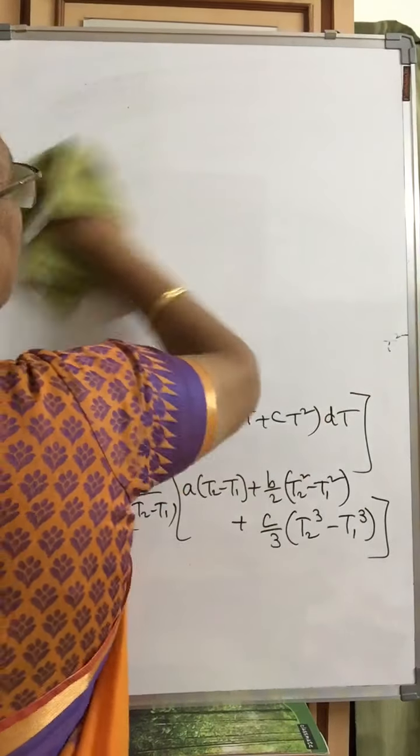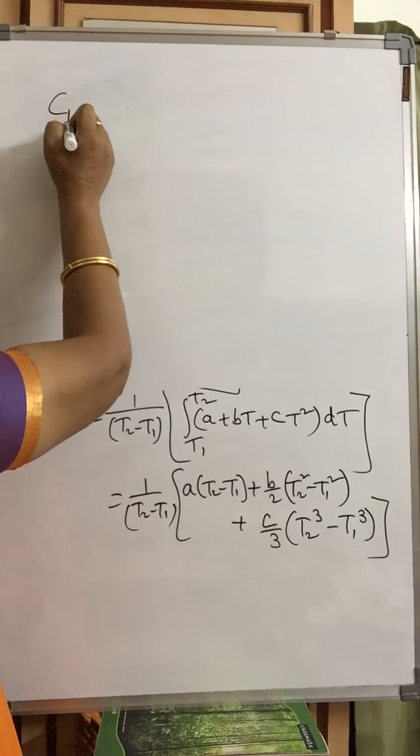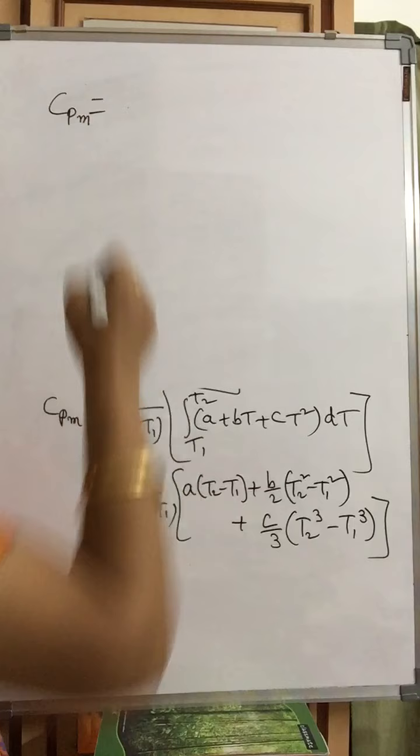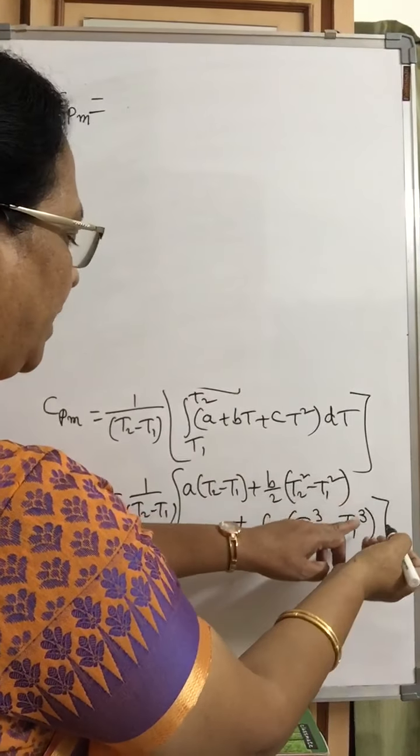So how to do now? Cpm equal to, here T2 square minus T1 square is T2 plus T1 into T2 minus T1.